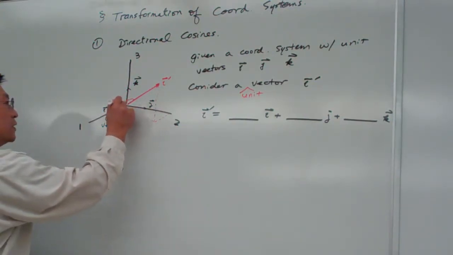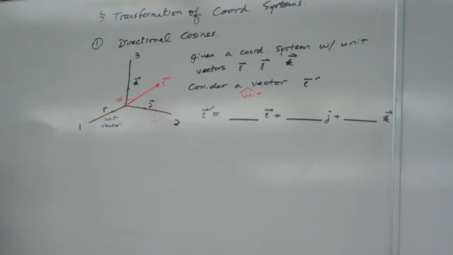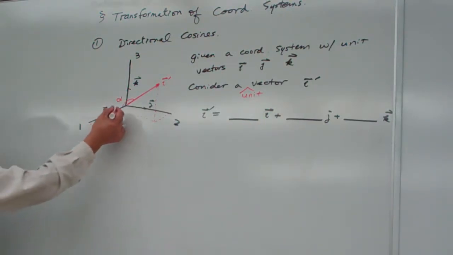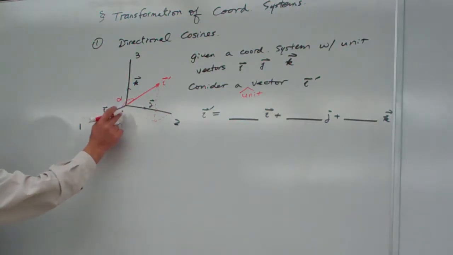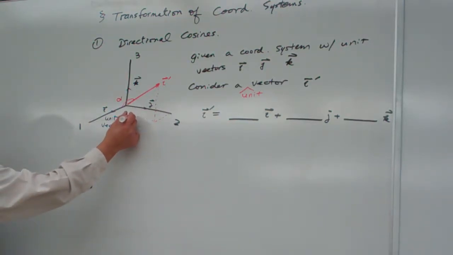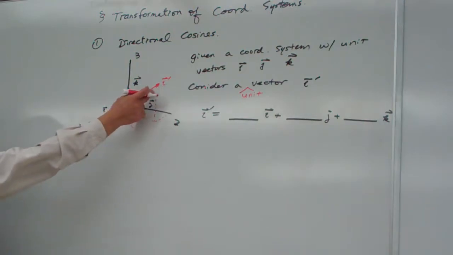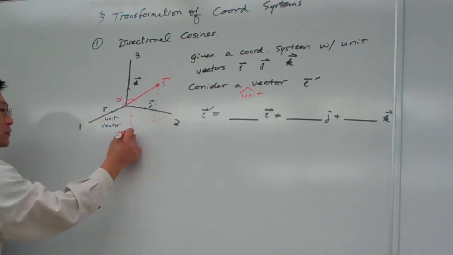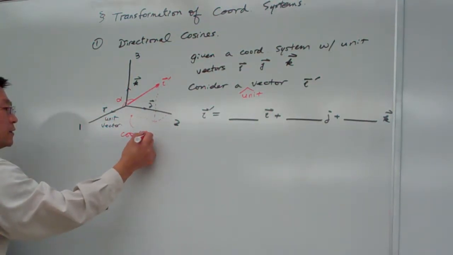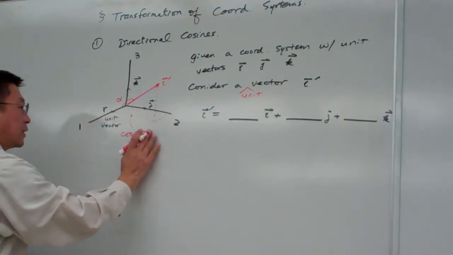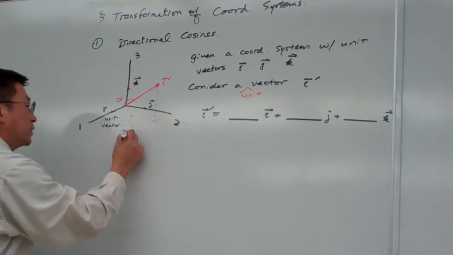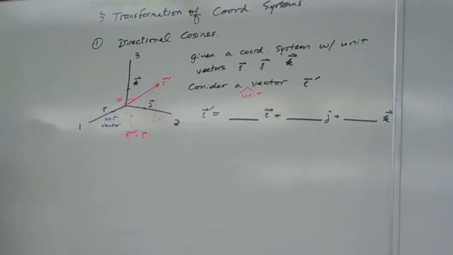So let me define this as the angle alpha. Can you tell this one is the projection, this length is the projection between the i-axis and I prime, so that is a cosine. So this one is I prime projected onto i, right?